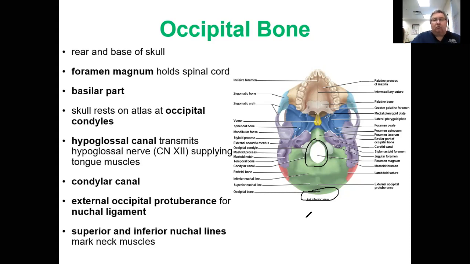Not something that you're going to need to worry about on one of my exams or even on the national exam. But when you hear about nuchal lines, they're more cartilage areas for muscles to insert into. So again, for the occipital bone, the foramen magnum and the external occipital protuberance are the structures that you're going to need to know.